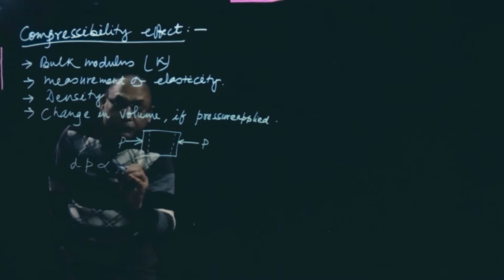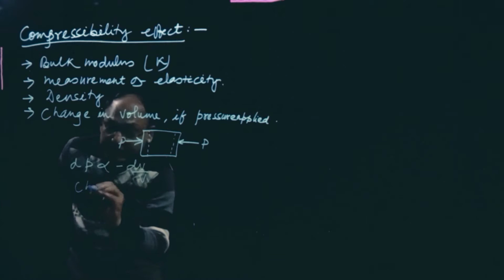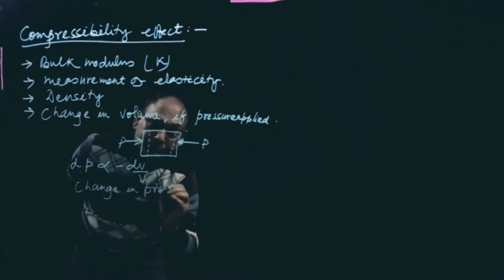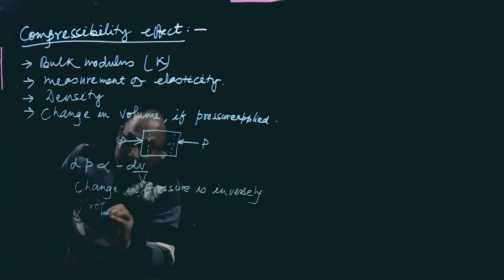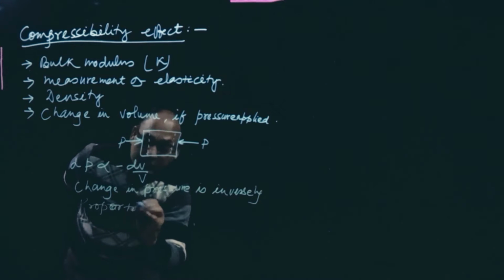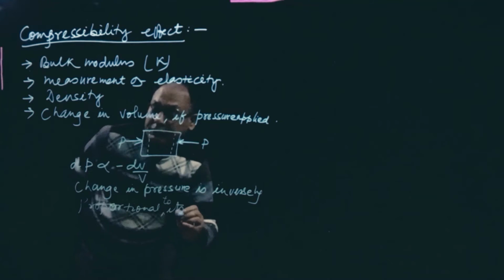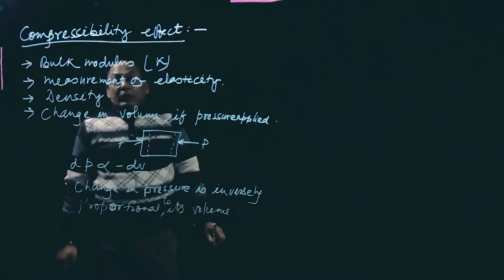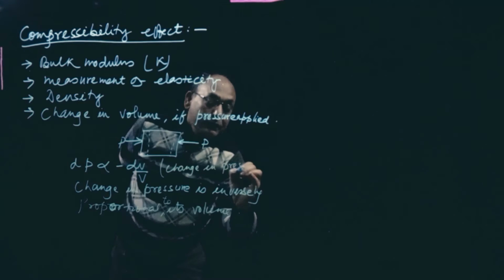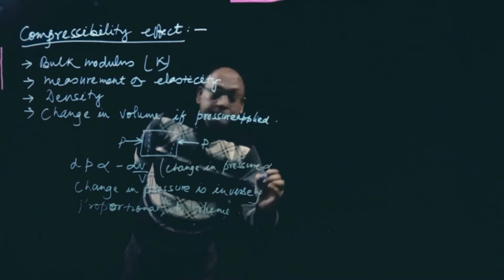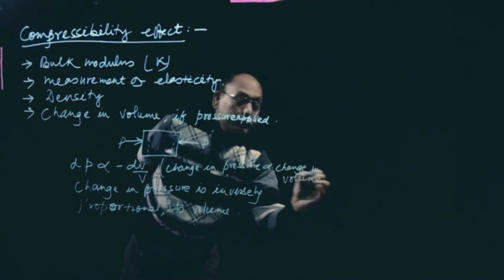So dP is directly proportional to the change in volume, or we can call it volumetric strain.